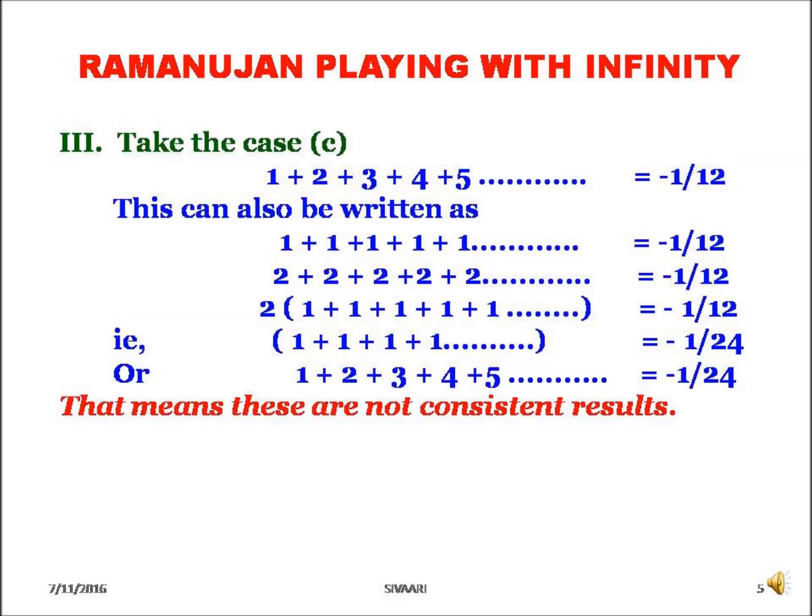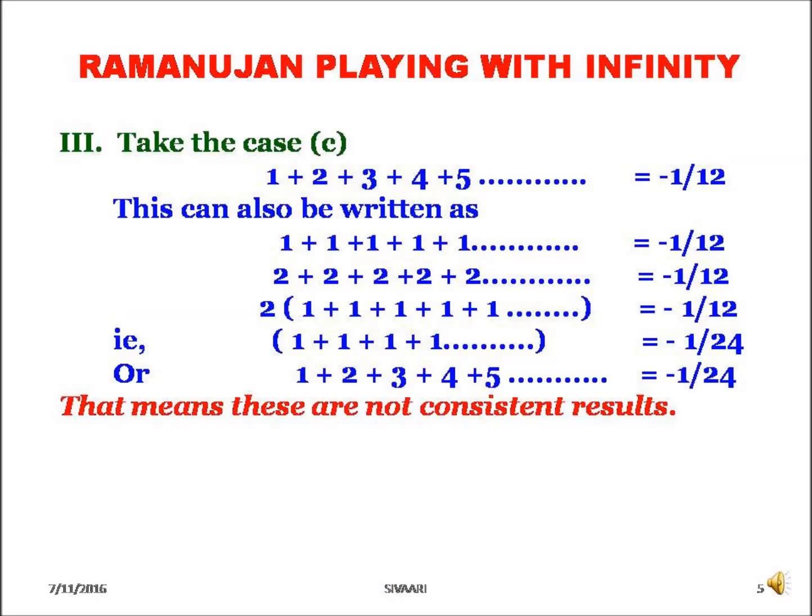Now take the case C. 1 plus 2 plus 3 plus 4 plus 5 etc. is equal to minus 1 by 12. This can also be written as 1 plus 1 plus 1 plus 1 etc. is equal to minus 1 by 12. Now adding two terms together, we get 2 plus 2 plus 2 etc. is equal to minus 1 by 12.